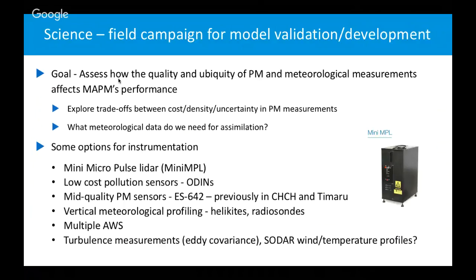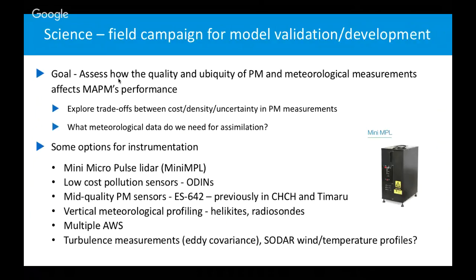So as I said, the goal of the field campaign is to provide this data to explore these trade-offs between having a whole lot of low-cost sensors and having a smaller number of medium-quality sensors, these ES642s, which Mote has and ECAN has, which they had last year. So if you can afford 20 of those, are you better to have 20 mid-cost sensors?